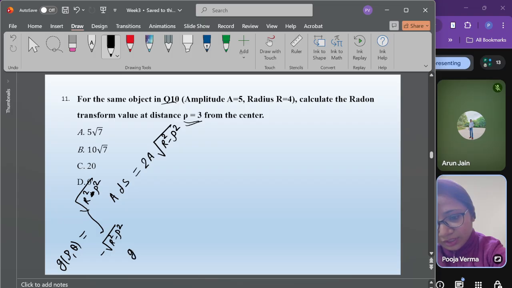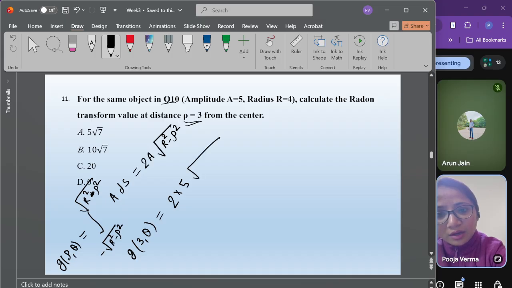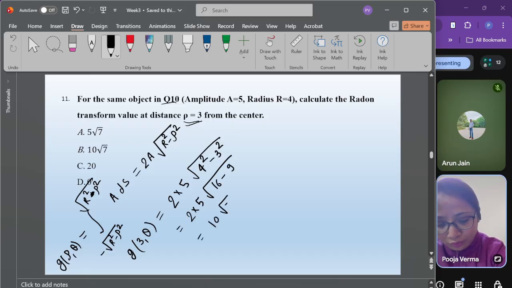Now here the amplitude is given, R square is given. So rho is 3. A is 5, so 2 into 5 into root of R square minus rho square. R square is 4 square and rho is 3 square. So 2 into 5, 16 minus 9. So 10 root of 7 you will get.